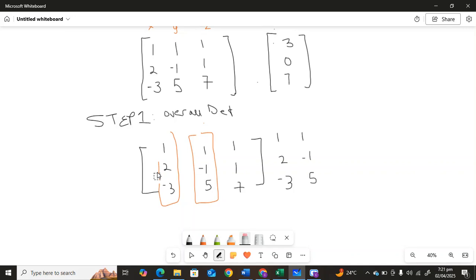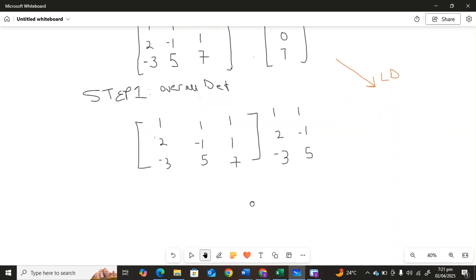Once you've done that, you start multiplying the numbers in a diagonal form. The diagonal going southeast like this, we call the leading diagonals. Let me show you.